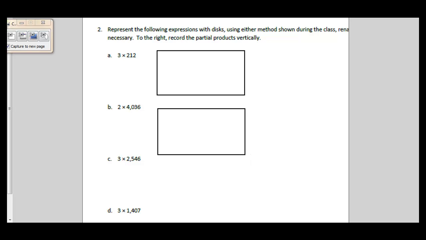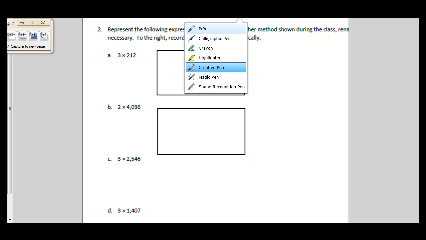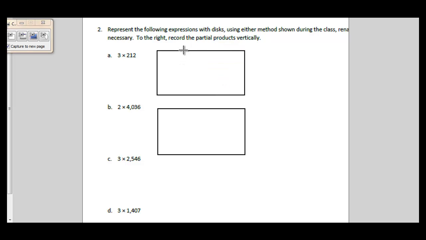So, come back up here, pen, 3 columns. It's 3 times 212. So I'm going to go ahead and write over here 212. Remember, instead of putting 212 3 times, we were taking 3 times the ones.